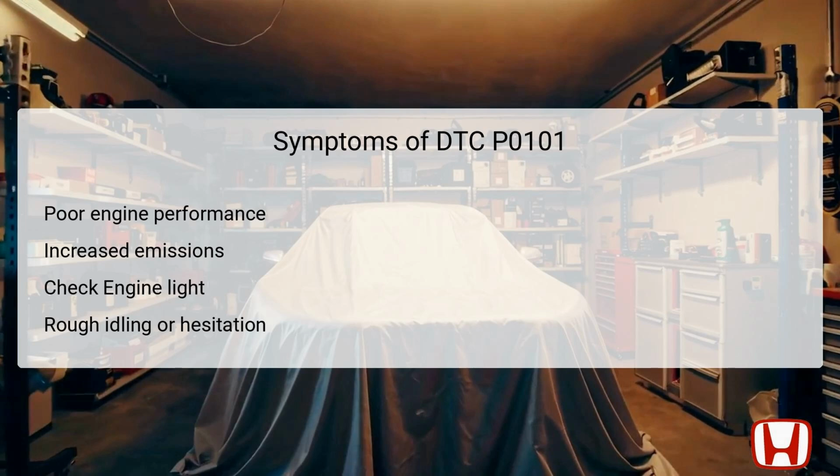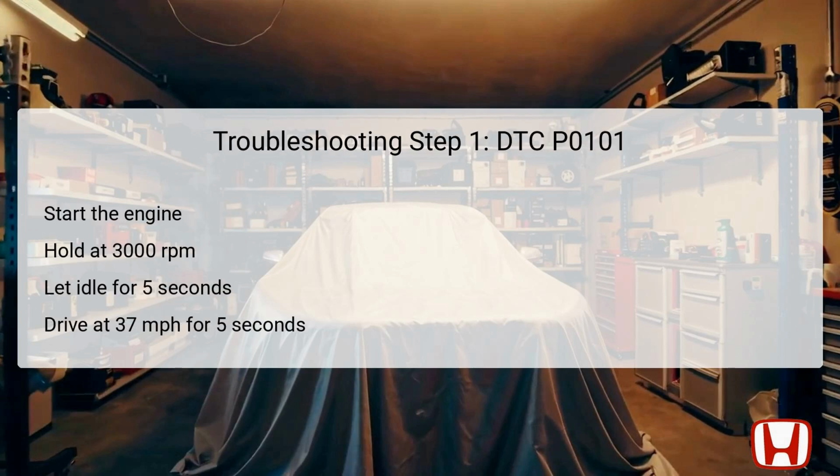Other noticeable effects can include rough idling or hesitation during acceleration, both of which negatively impact the overall driving experience and the vehicle's efficiency. The first troubleshooting step for addressing DTC P0101 involves confirming the engine's operational status. Begin by starting the engine, which allows the MAF sensor to begin its data collection. Next, hold the engine speed at 3,000 revolutions per minute (RPM) without any load, either in park or neutral, until the radiator fan activates.